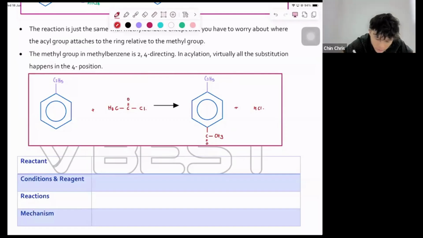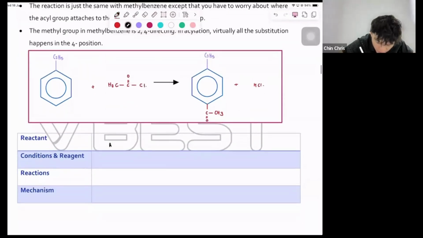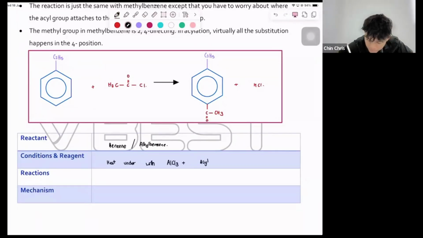So guys, now let me write down all the reaction. I have benzene, or I can use an alkyl benzene. Condition and reagent: heat under reflux with AlCl3, plus an acyl chloride.